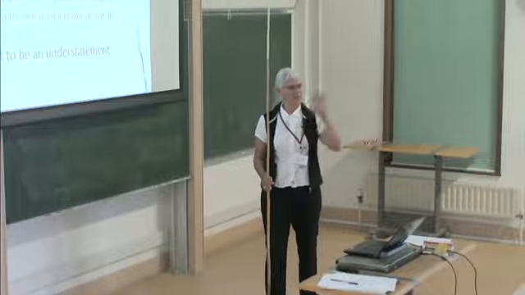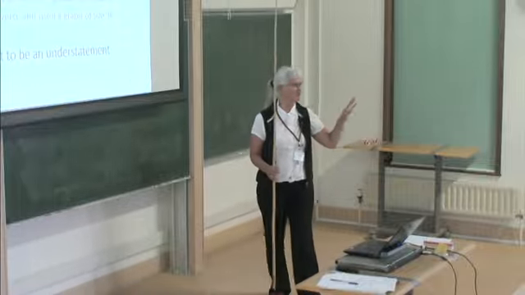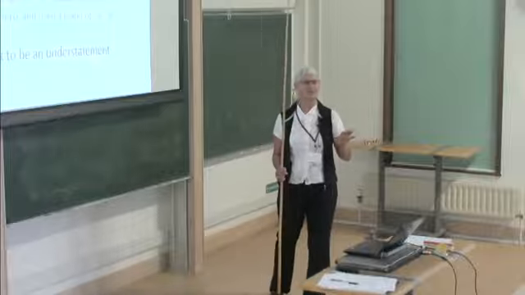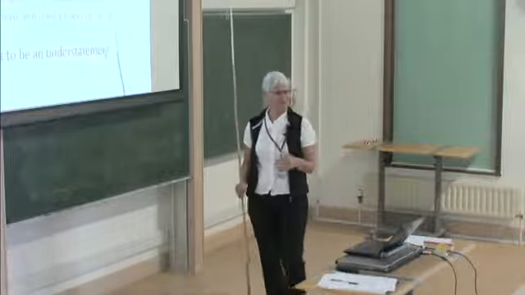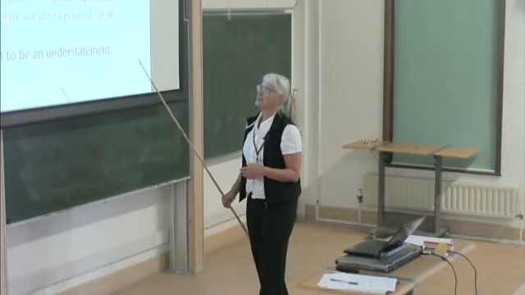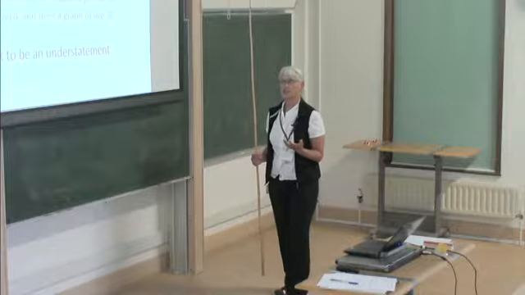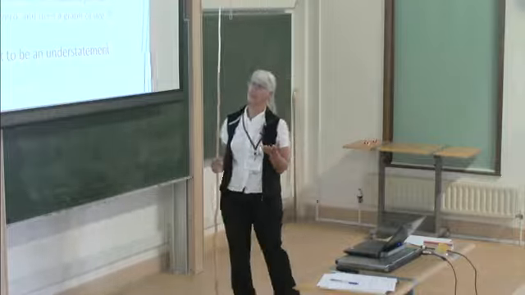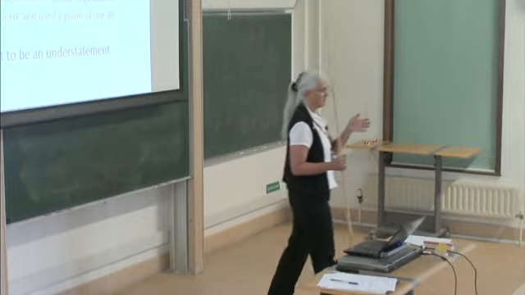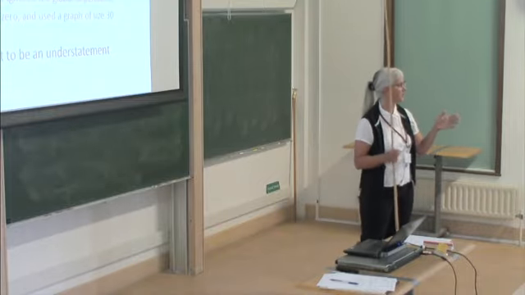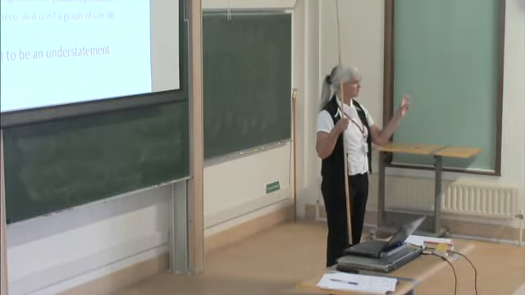Well, in the end, they did indicate a couple of approaches having to do with graphs of size 6. And when they got to larger graphs, right, exactly. They punted and they used something called pseudo-likelihood here, which is basically just using logistic regression on the observed ties, on the change statistics for the network terms that you have in the model.